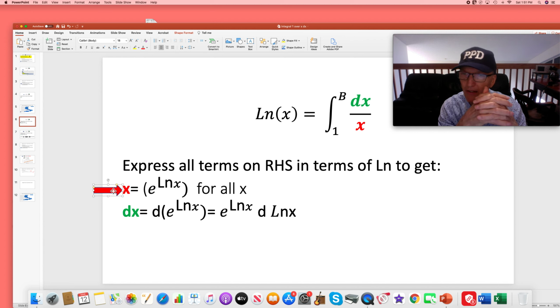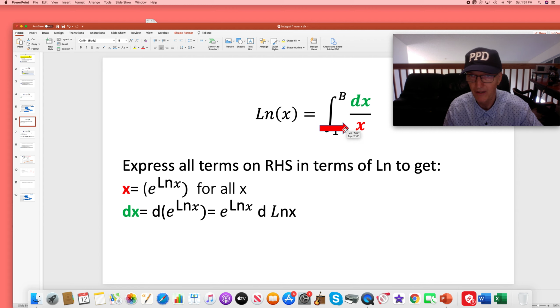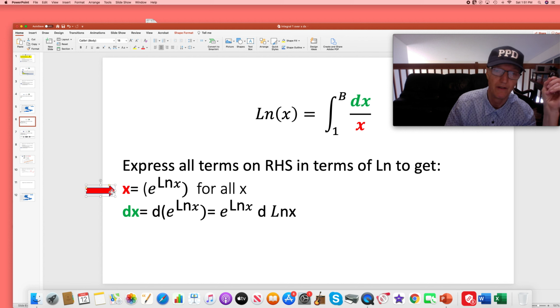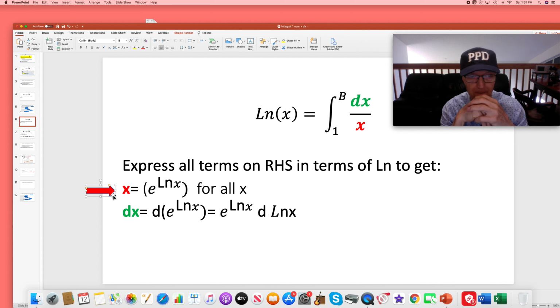Right here I've written it: x, the same x as at the bottom here, is equal to e to the ln x, because e is the anti-function for ln x, and when you do e to the ln x, it produces x.